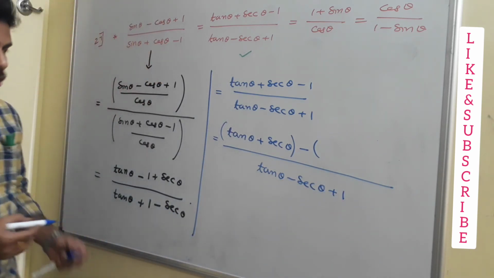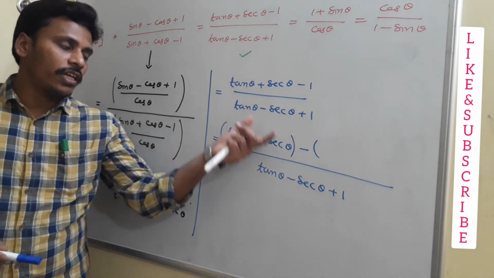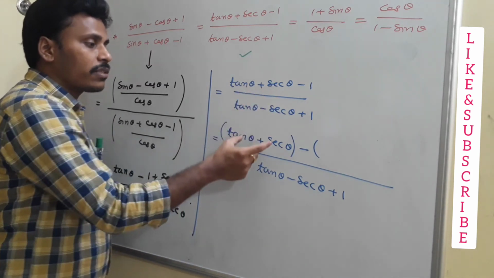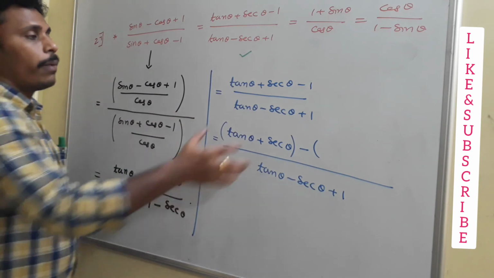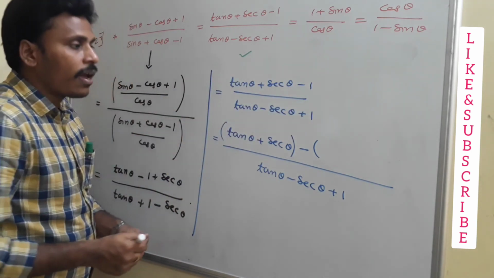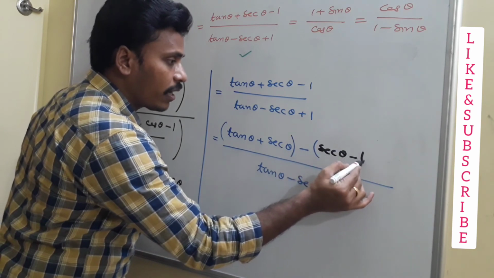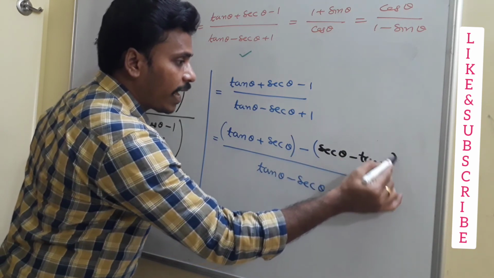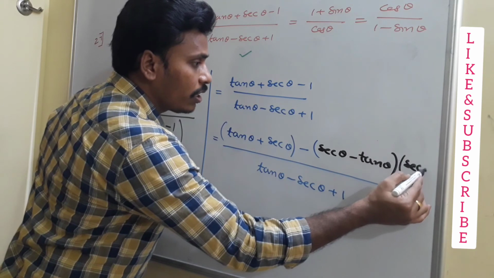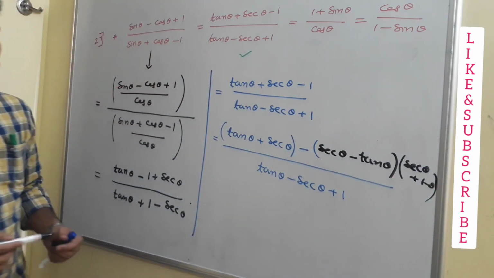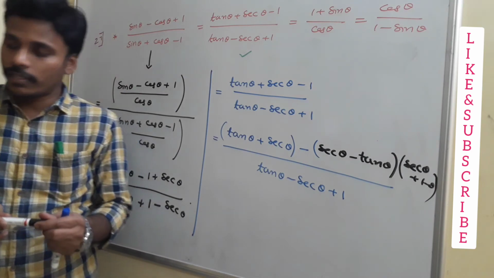Look at this on the board. The denominator I won't change, tan theta minus secant theta plus 1. In the numerator, tan theta plus secant theta stays as it is. But this 1 I will write in such a manner: secant theta minus tan theta into secant theta plus tan theta.